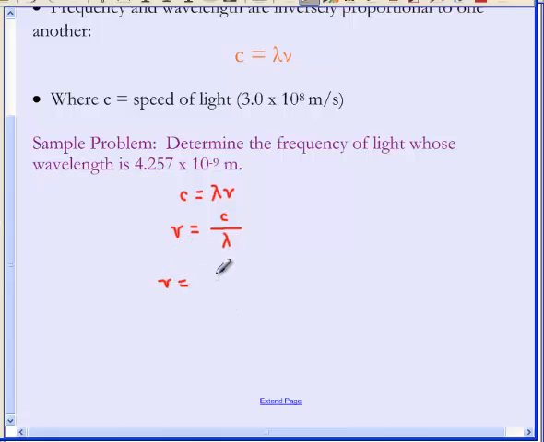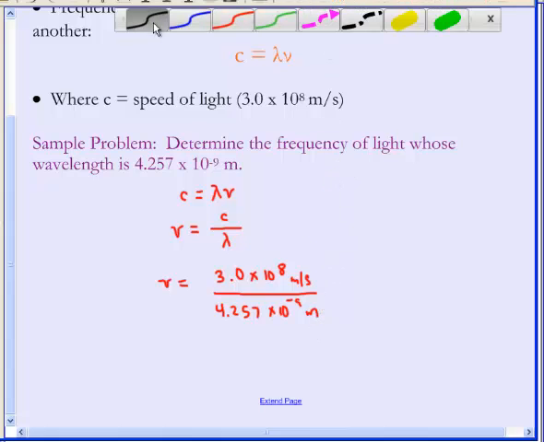We don't know the frequency. We do know the speed of light, 3.0 times 10 to the 8th meters per second. And I am going to put the units in here so you understand where the final unit comes from. And we have our wavelength, 4.257 times 10 to the negative 9th. So we're talking in the nanometer range here.